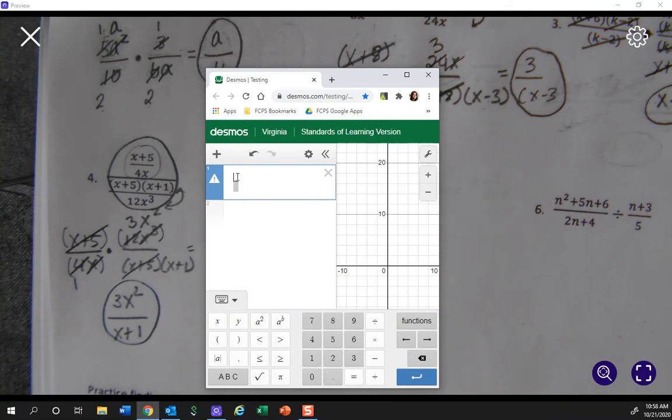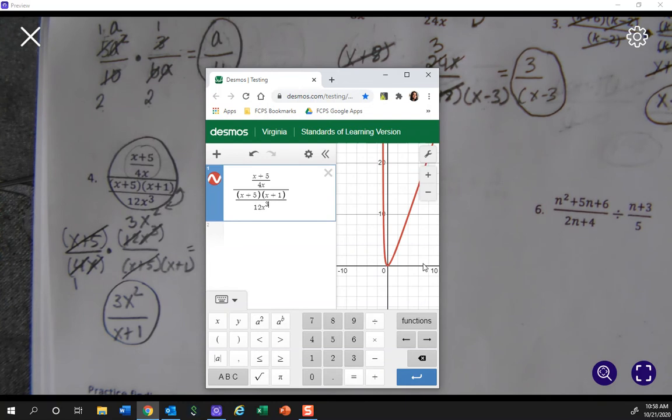And in my numerator here, I have another fraction bar, so I'm going to put another fraction bar. So here I have x plus 5, and then here I have 4x. And then in the main denominator here, I'm going to plug this in. So there's another fraction bar. And then you have here x plus 5, and then x plus 1. And then in the denominator, you have 12x cubed.